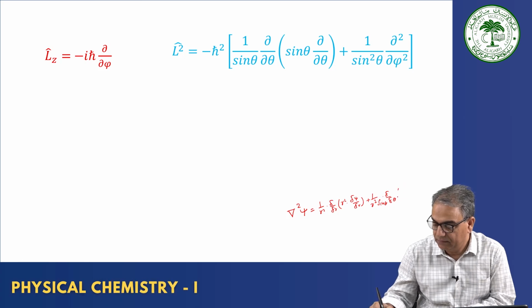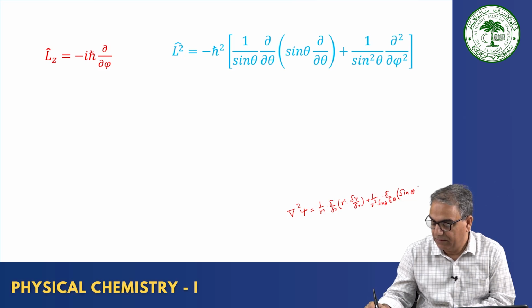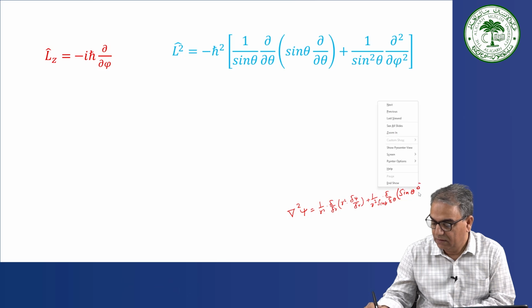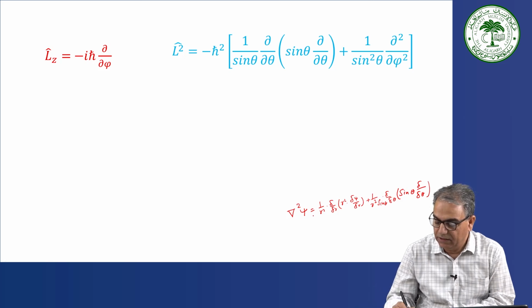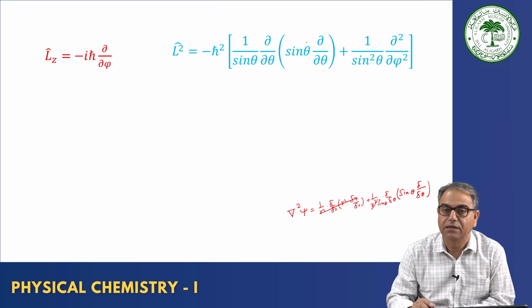Del by del theta. So you see the first part you omitted, then you see r square you omitted, and rest of the term is same, 1 by sin theta del by del theta sin theta del by del theta is the first term.